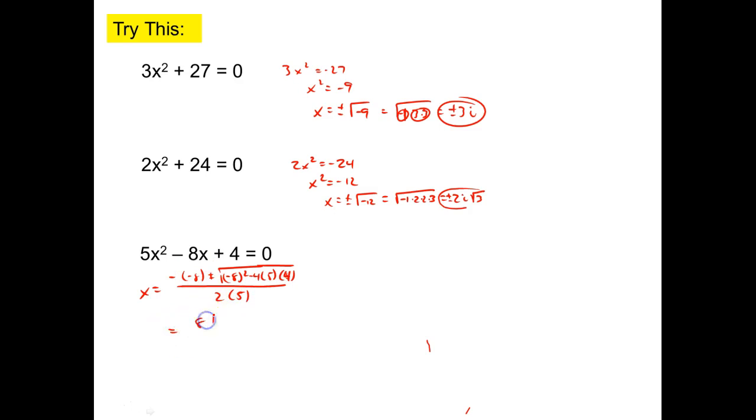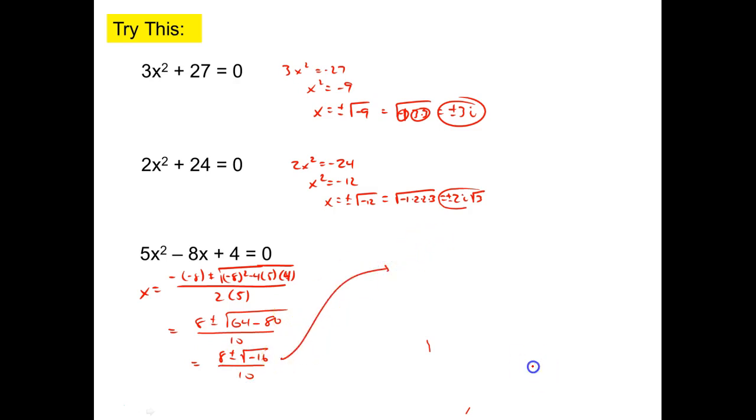So we're looking at 8 plus or minus the square root of 64 minus 4 times 5 is 20 times 4 is 80 over 10. 8 plus or minus the square root of negative 16 over 10.